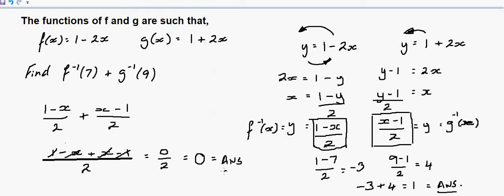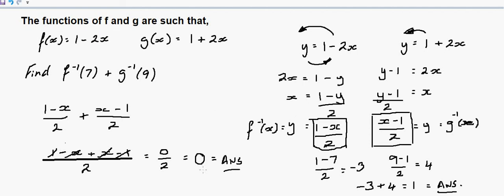Strictly speaking, 0 over 2 isn't actually 0, it's what we call undefined, but you'd learn that at degree level. But as far as we're concerned at GCSE level, if ever you get a 0 in a fraction, then the value of that fraction is always 0.